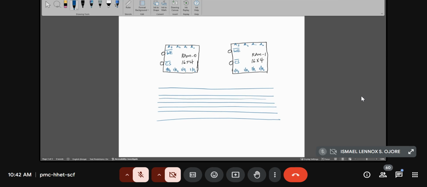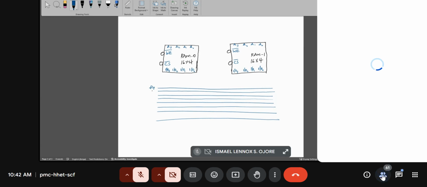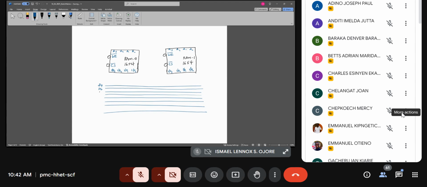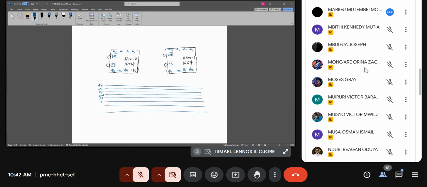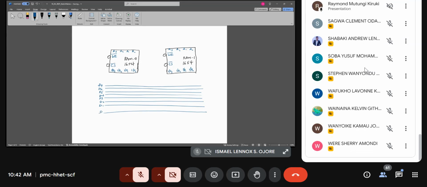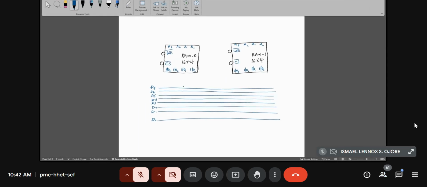So these are our data lines, which essentially should be 8.